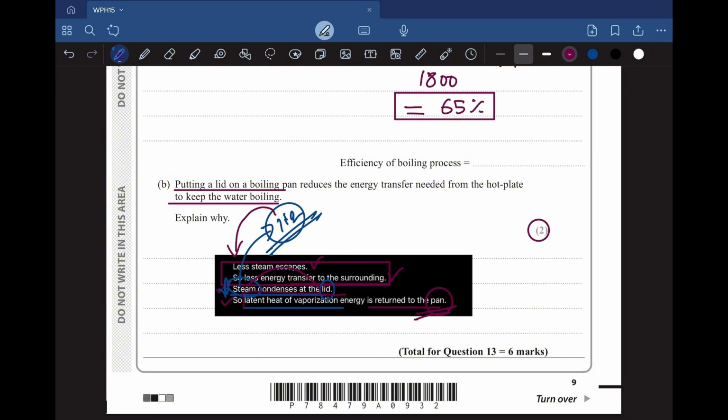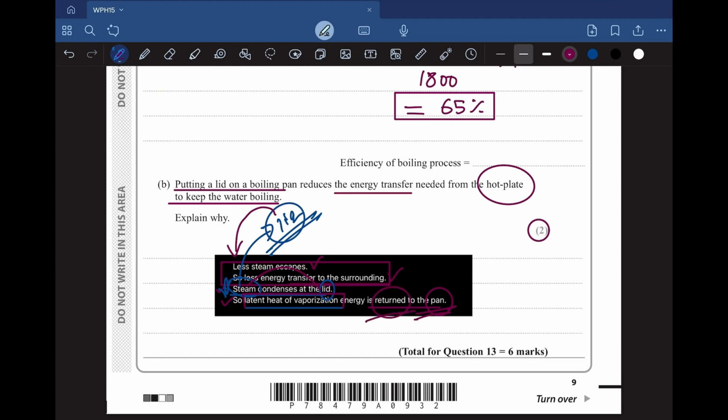So the latent heat of vaporization used is less. So when a lesser amount of latent heat energy is used, we can say the hot plate requires less energy transfer. It needs to transfer less energy to keep the water boiling, because less energy has been escaping to the surroundings, and a bigger amount of energy is returning.